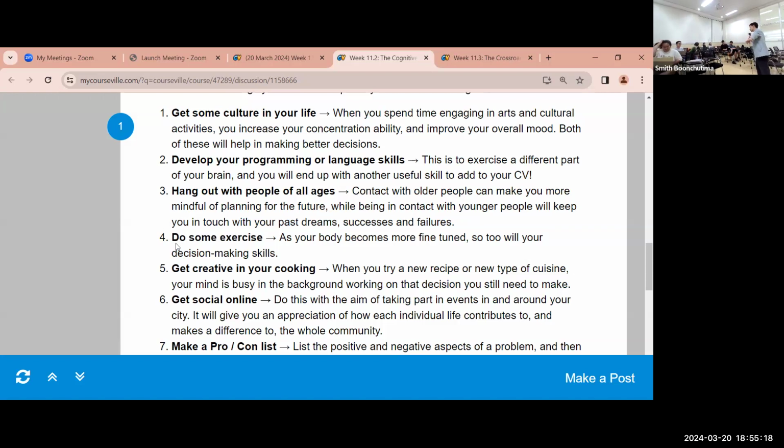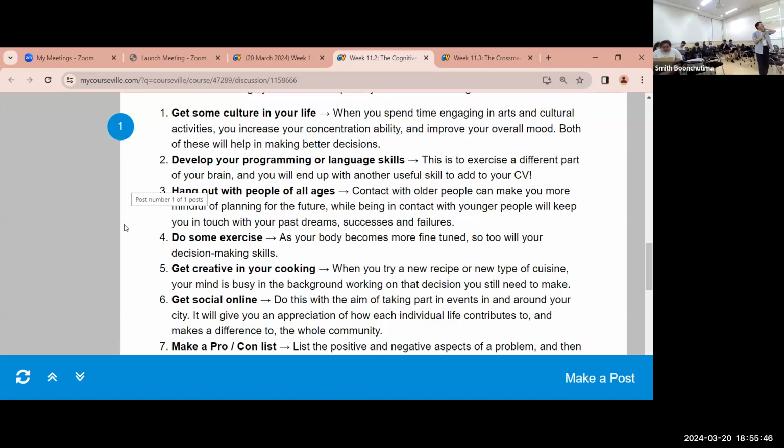But when you mingle with younger people, like going back to your old school and meeting the students in that school, they will remind you about good things, failure and success, and your past dreams. So that is also a good time to spend.